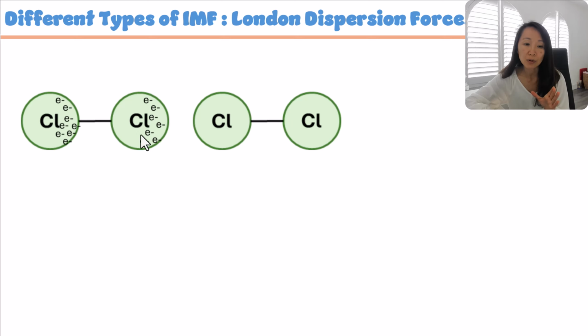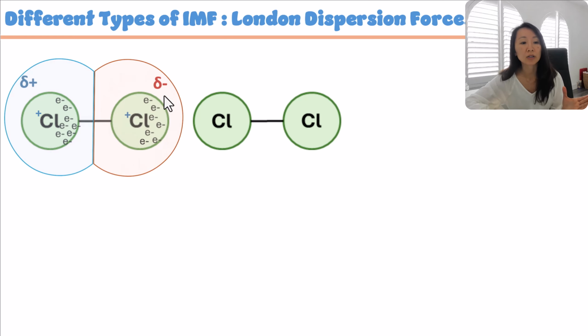creating more exposure to the protons of the chlorine, and that exposes positive charge of the chlorine on the other side. That creates this cloud of partial negative charge and a cloud of partial positive charge on the opposite end, creating a very weak dipole moment.